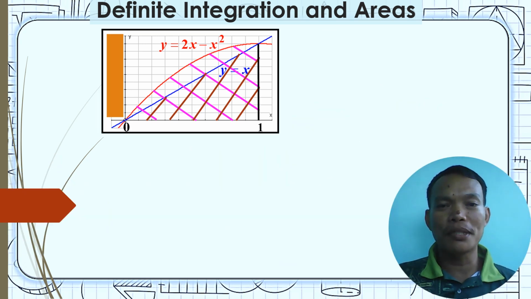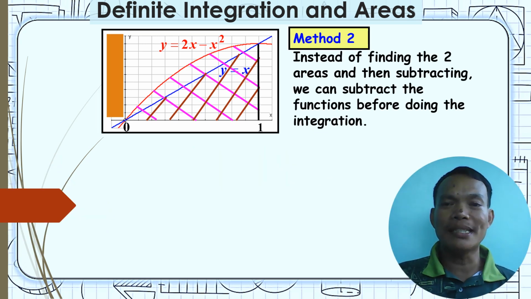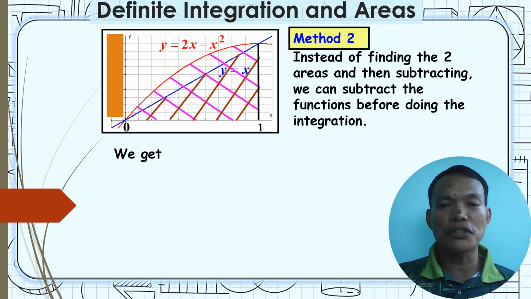And for method number 2, instead of finding two areas and then subtracting, we can subtract the functions before doing the integration. So we get 2x minus x squared minus x, and it gives us x minus x squared.